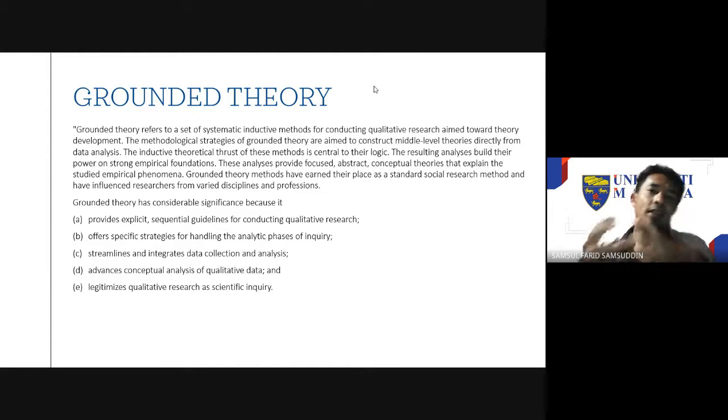But this kind of trend has been implemented in most of the research designs in PhD studies in Malaysia. So like it or not, you have to absorb, or you have to apply this grounded theory.